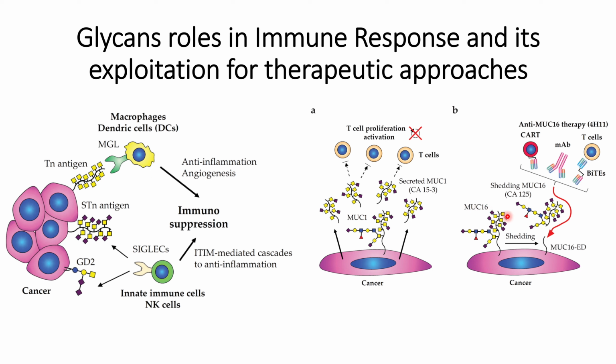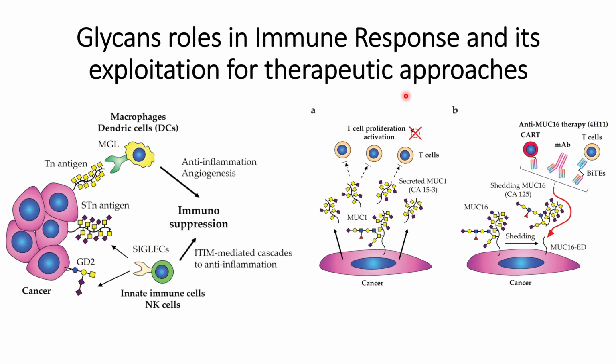The unique epitope found in MUC16 is CA125, which can be targeted using CAR T cell therapy or monoclonal antibody therapies, and that helps in the shedding of MUC16 from the cancerous cell surface. Thus the interaction with the immune cells towards immunosuppression will be reduced, and immune cells can work against the cancerous cells.